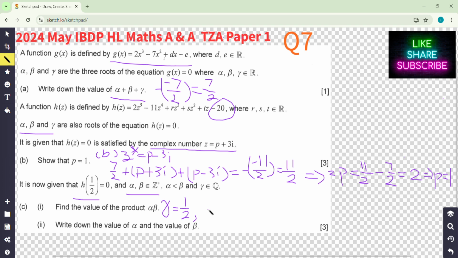So multiply all together: alpha, beta, times half, times p is 1, so 1 plus vi, 1 minus vi, equals negative 20 over 2. So this is 10.